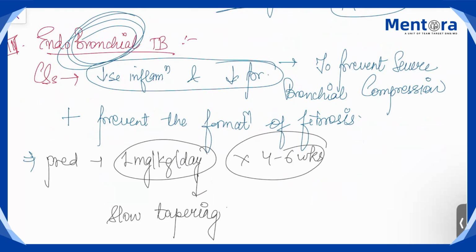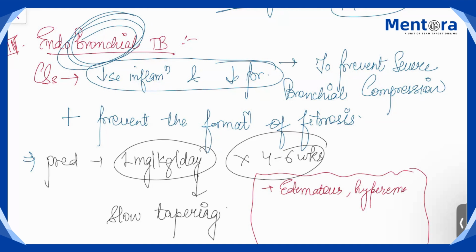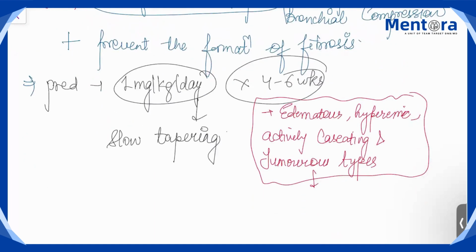Okay. And this endobronchial tuberculosis, there are 5 to 6 classifications of endobronchial TB. जब ये क्वेश्चन आएगा तब हम डिटेल में जाएंगे, अभी वो डिटेल क्लासिफिकेशन में नहीं जाएंगे, बट उसके एक कैटेगरी होती है एंडोब्रोंकियल ट्यूबरक्लोसिस की, इडिमेटस, हाइपरिमिक, एक्टिवली केजिएटिंग एंड ट्यूमरस टाइप्स. ये टाइप्स के जो एंडोब्रोंकियल टीबी होते हैं, इनमें there are high chances कि बहुत early there can be formation of tracheobronchial stenosis.